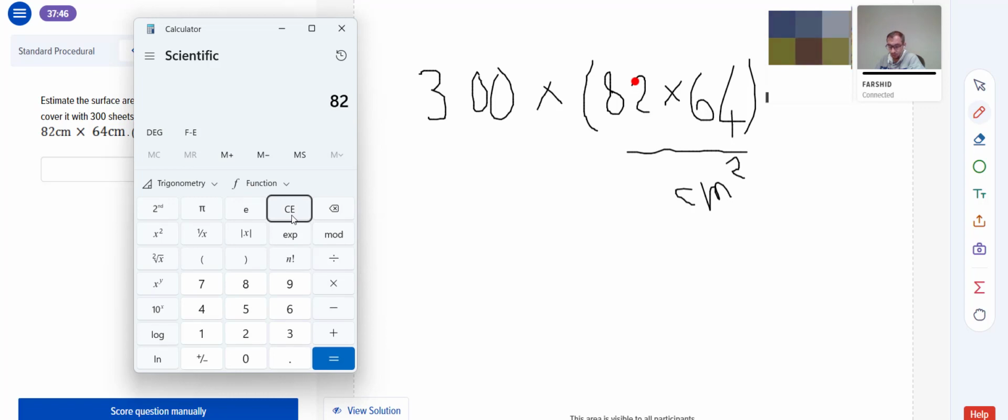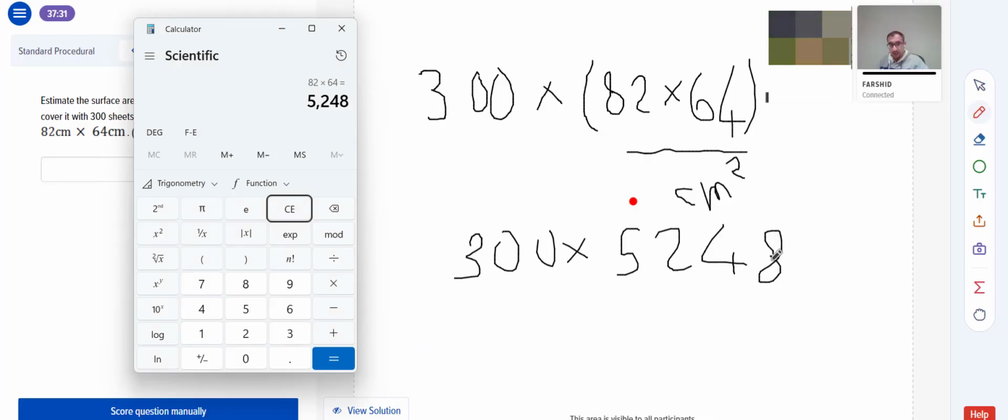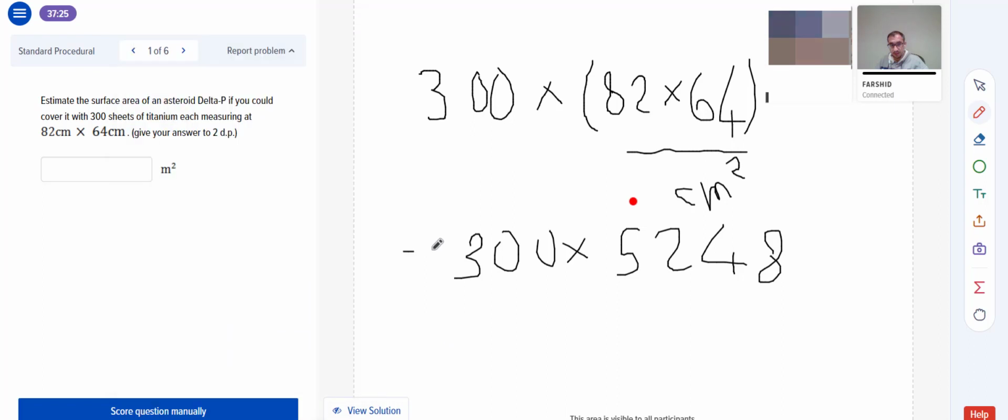Using the calculator, 82 multiplied by 64, and then multiply this result by 300.